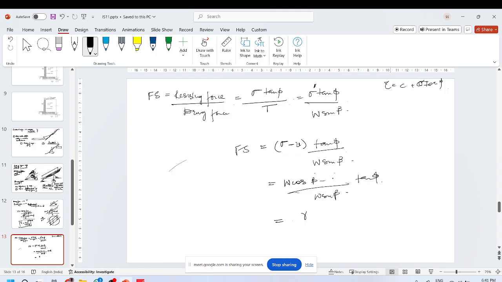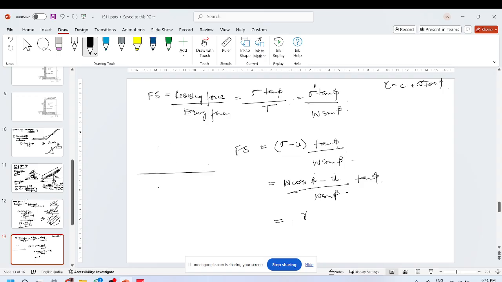See, if the soil is simply saturated, it's just the bulk weight of the soil if there is no water table.